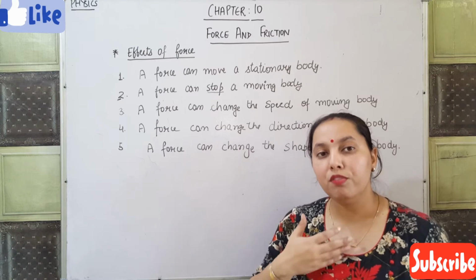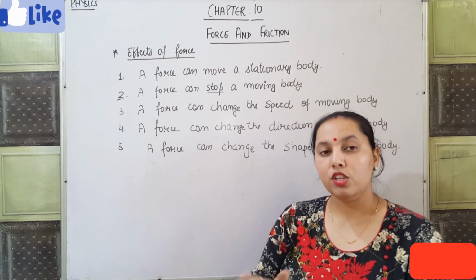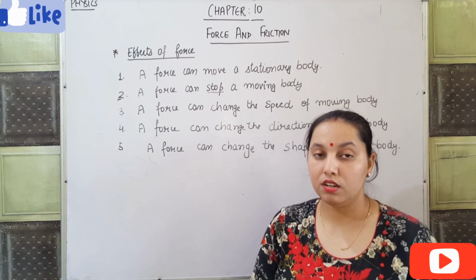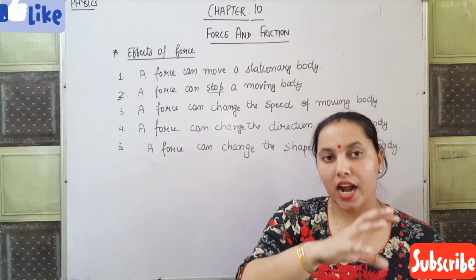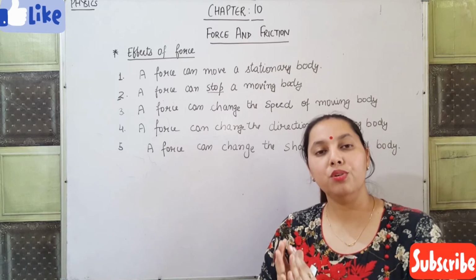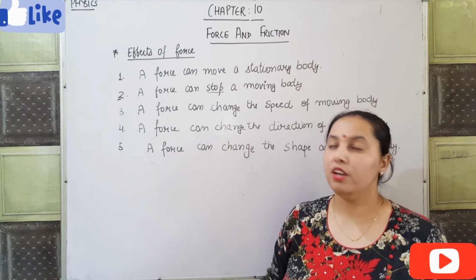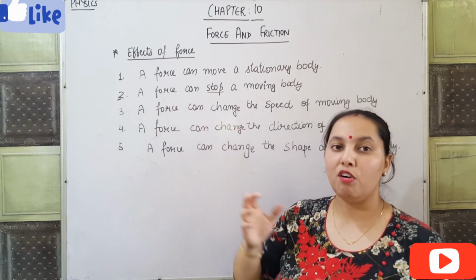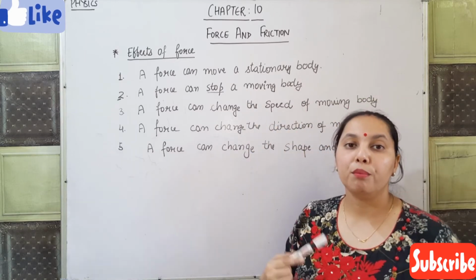Similarly, if a ball is rolling on the ground and you catch it, or you hold it with your hand, then that moving ball comes to rest. It means with the help of force we can also stop a moving body.